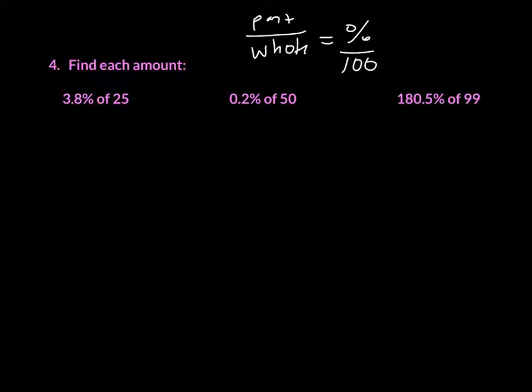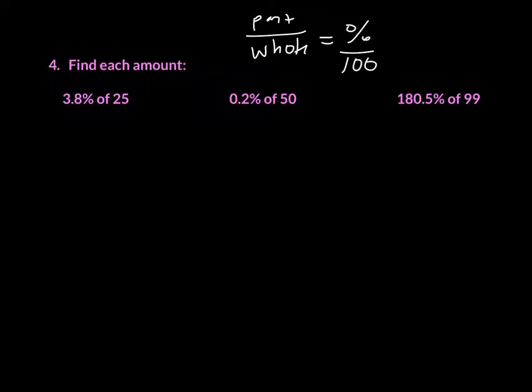Because these are just straightforward percentage problems. So my preference, and probably yours, is that in order to really see it straightforward, I'm going to set up a proportion for each and every one.